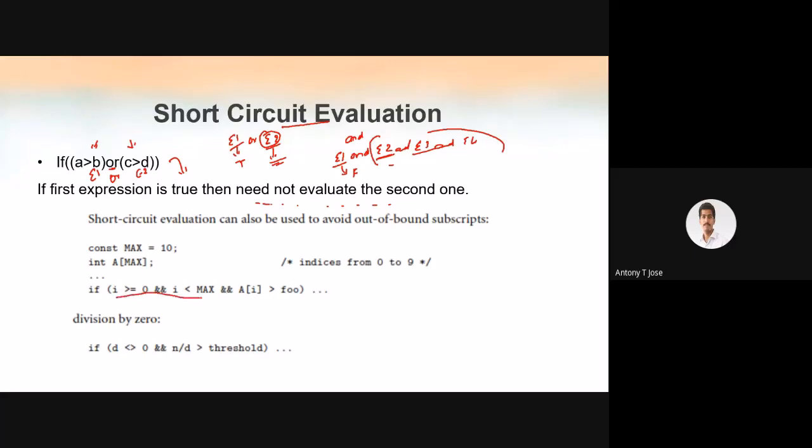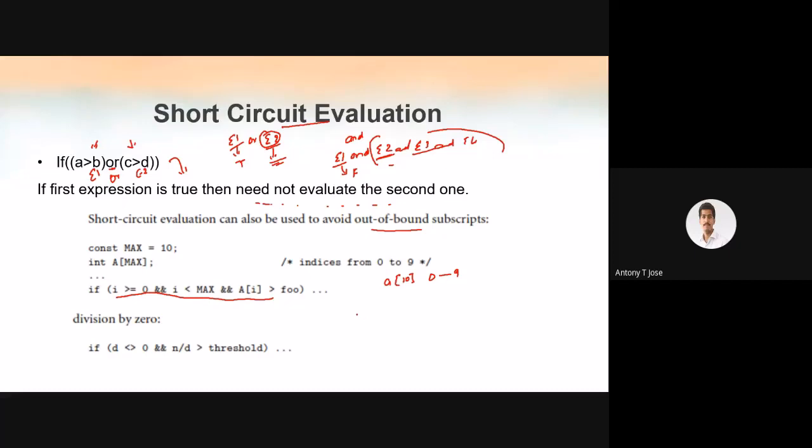This is another example or implementation of short circuit evaluation, and it is used to avoid out of bound subscripts. What do I mean by out of bound subscripts? Say I am declaring an array A of 10, so the index will be from 0 to 9.